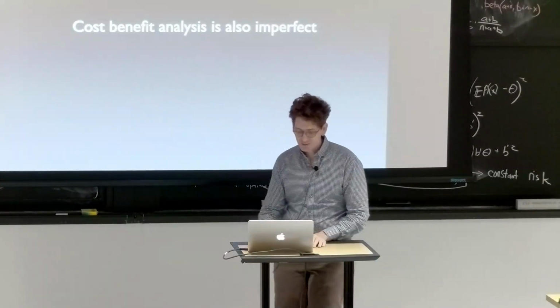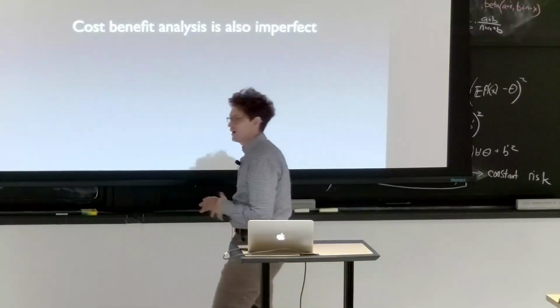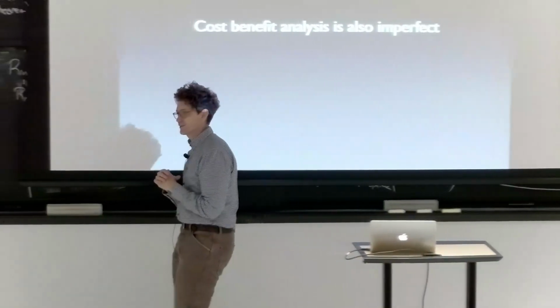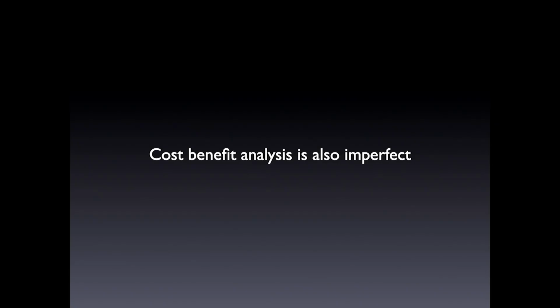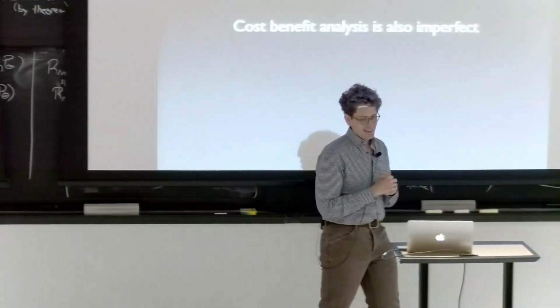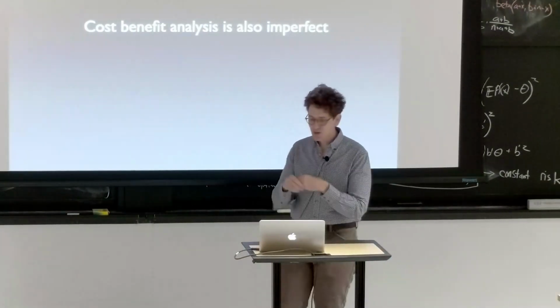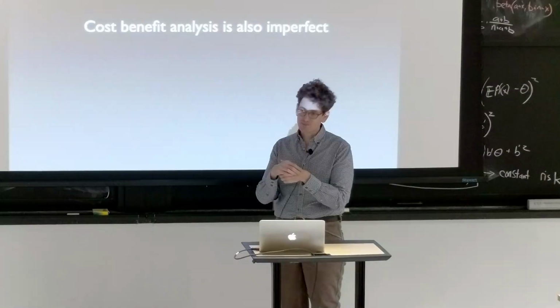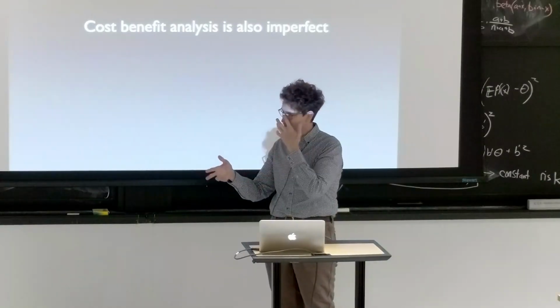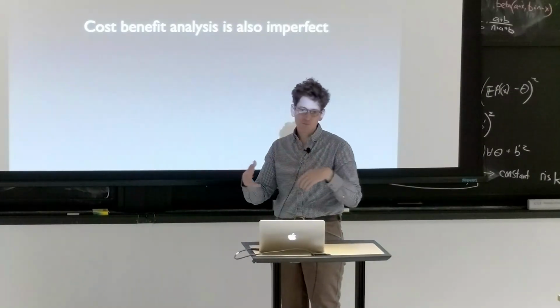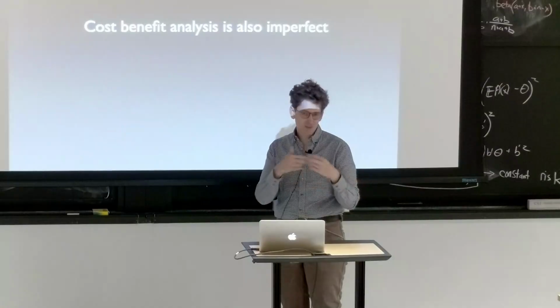Finally, you can't optimize for more than one thing if you have a cost-benefit equation. It's sort of a fundamental axiom of mathematics, I guess. And this produces a problem because you want to simultaneously minimize the carbon emissions of the system, but you also want to minimize the cost of the system. You can't do both.